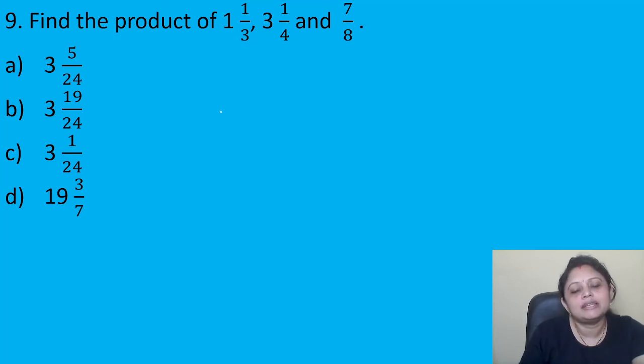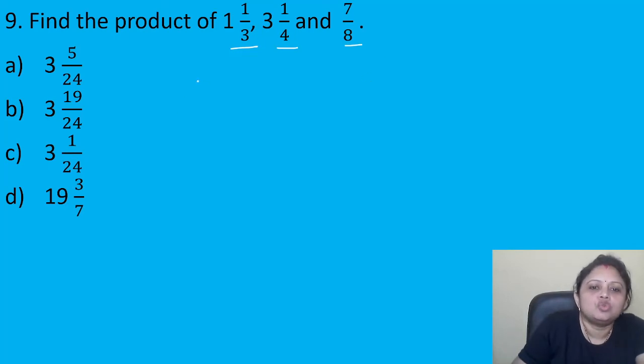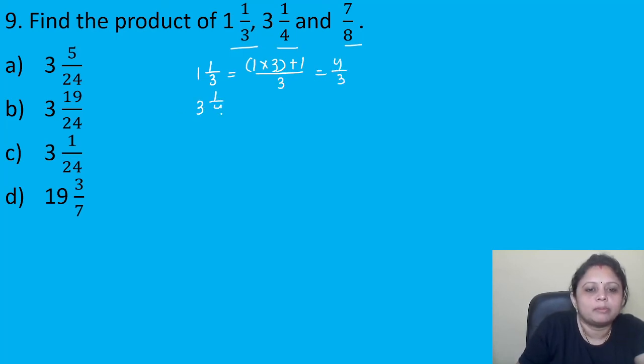So we have to find the product of 1 whole 1 by 3, 3 whole 1 by 4 and 7 by 8. So 1 whole 1 by 3 will be 1 into 3 plus 1 by 3, that is 4 by 3. 3 whole 1 by 4 is 3 into 4 plus 1 by 4, that is 13 by 4, then 7 by 8.